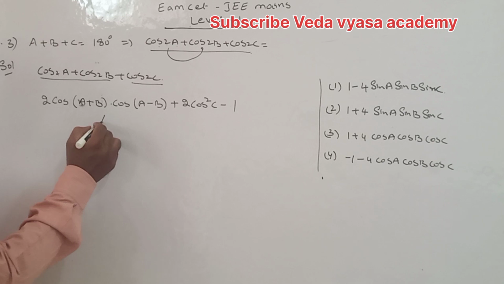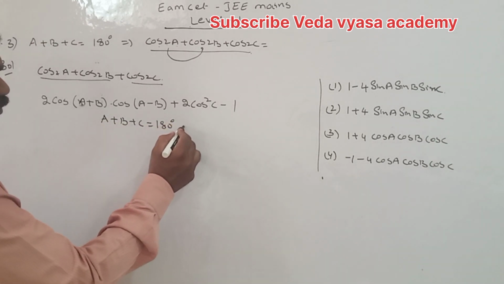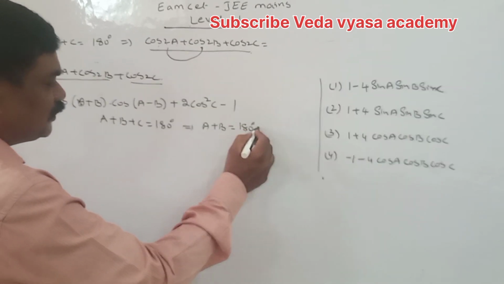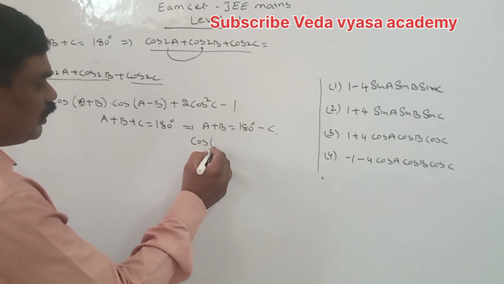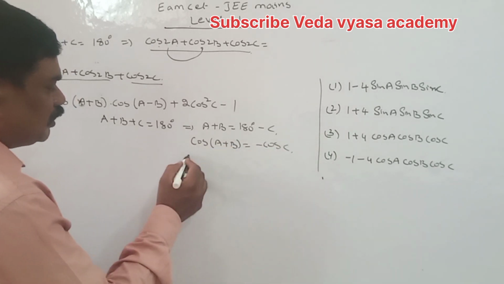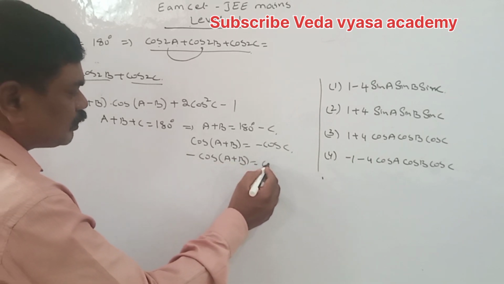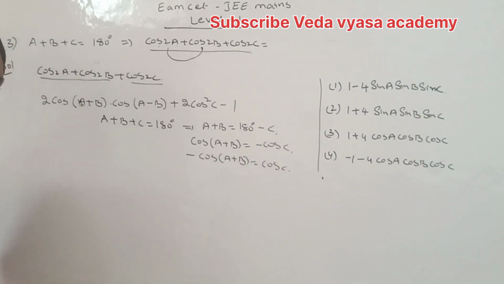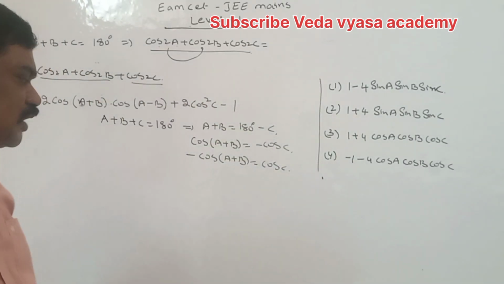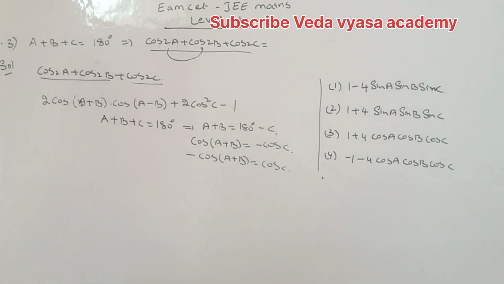Here given a plus b plus c is equal to 180 degrees. So a plus b is equal to what? 180 degrees minus c. Cos of a plus b is equal to minus cos c. So here two conditions arise: cos of a plus b is equal to minus cos c, or minus cos of a plus b is equal to cos c.